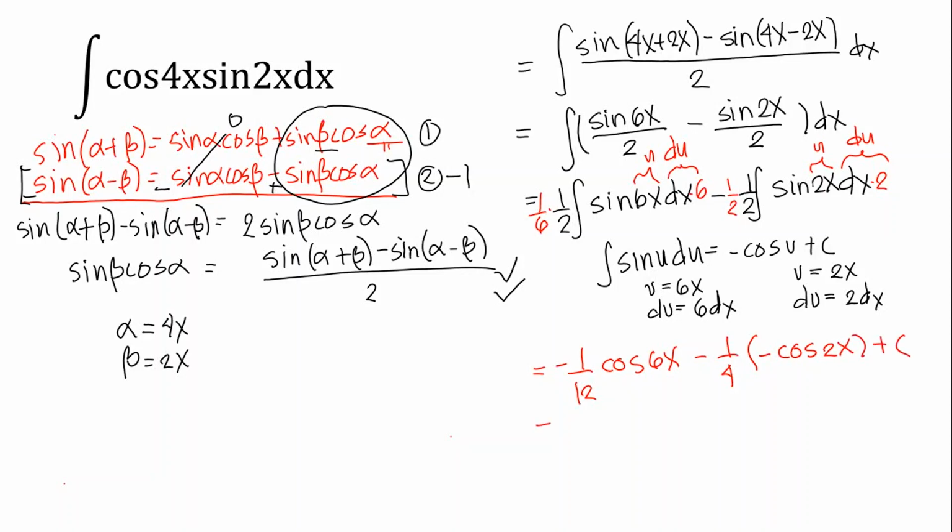Therefore, our final answer is negative 1 over 12 cosine 6x plus 1/4 cosine 2x plus c.